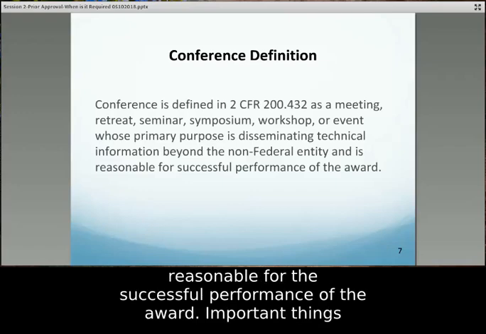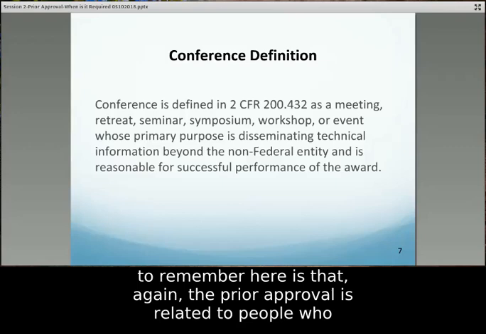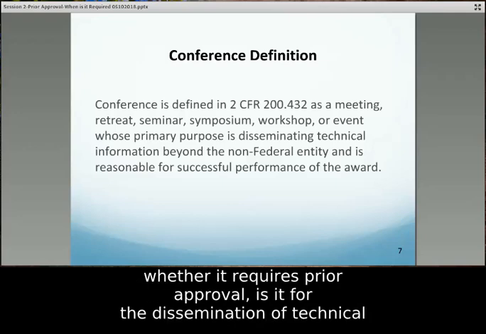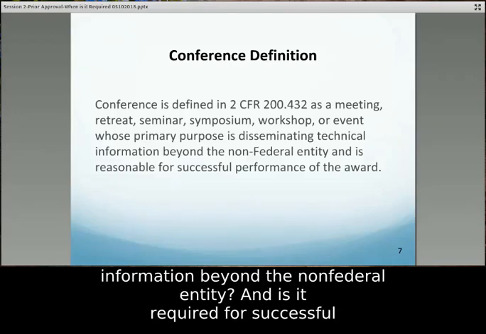Important things to remember here is that, again, the prior approval is related to people who are not agency employees. And also, when looking at whether it requires prior approval, is it for the dissemination of technical information beyond the non-federal entity? And is it required for successful performance of the award?